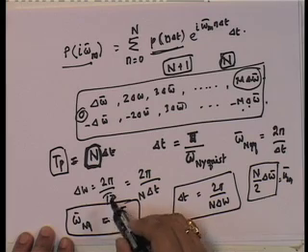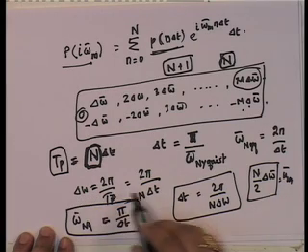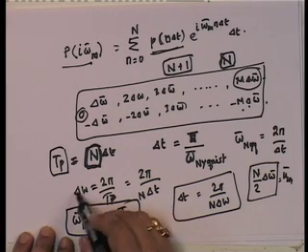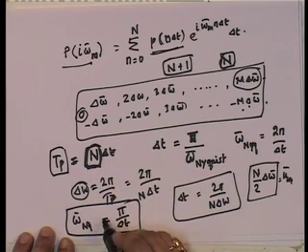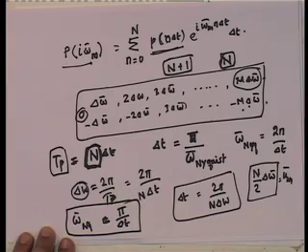So, 2 pi upon Tp should give me sufficient resolution. So, Tp should be large enough such that the frequency resolution is good enough. On the other hand, the delta t that I choose automatically determines the maximum Nyquist frequency that I have.